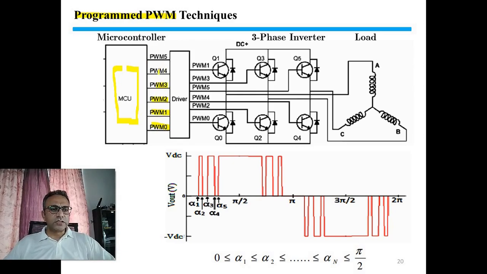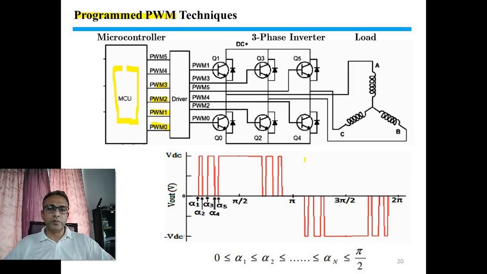These 6 control signals will then be given to the driver. This driver will produce enough strength in the signal and sufficient voltage level to turn on or off our 6 power electronic switches.